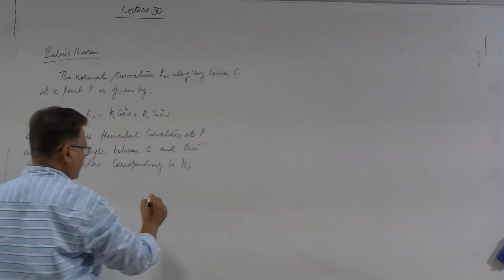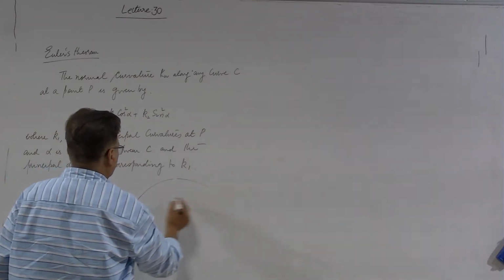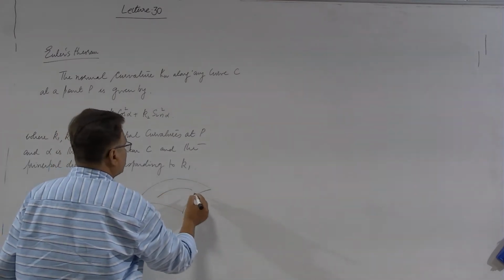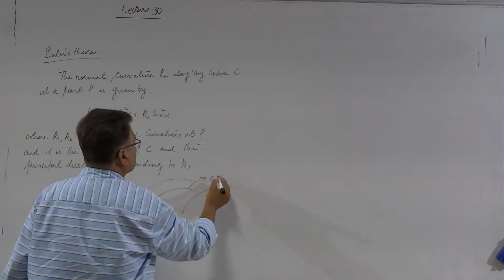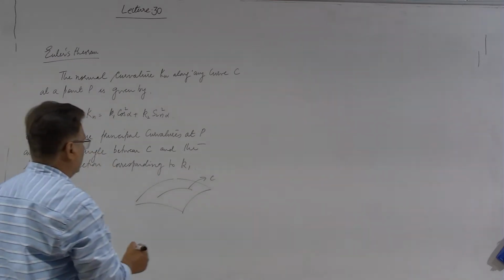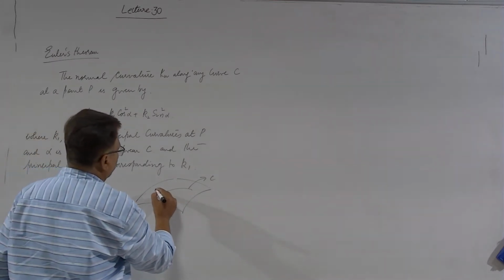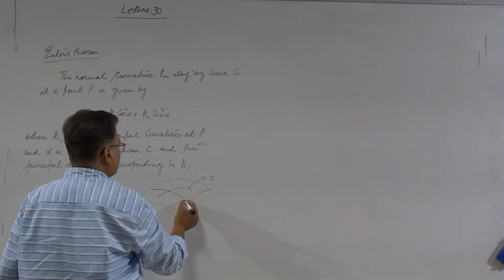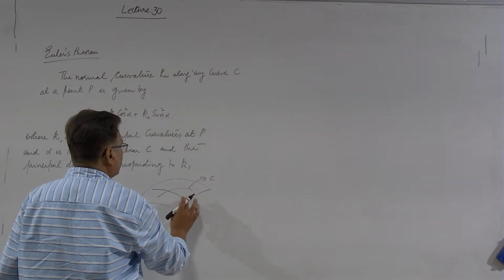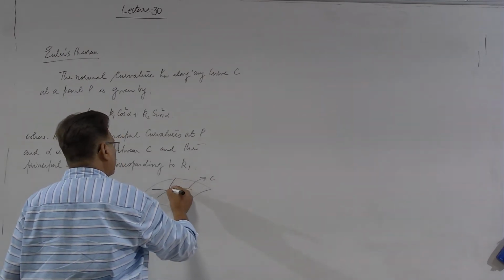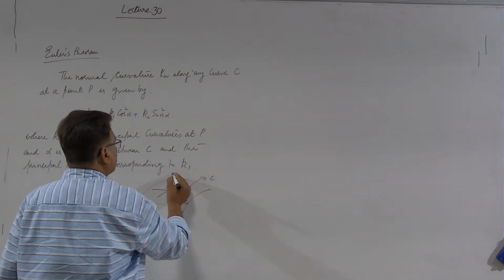So, the situation is this: on a surface we have some curve C whose normal curvature is k n, and there pass two lines of curvature. Suppose this is one of the lines of curvature, let me call it C 1, and another line of curvature, call it C 2.